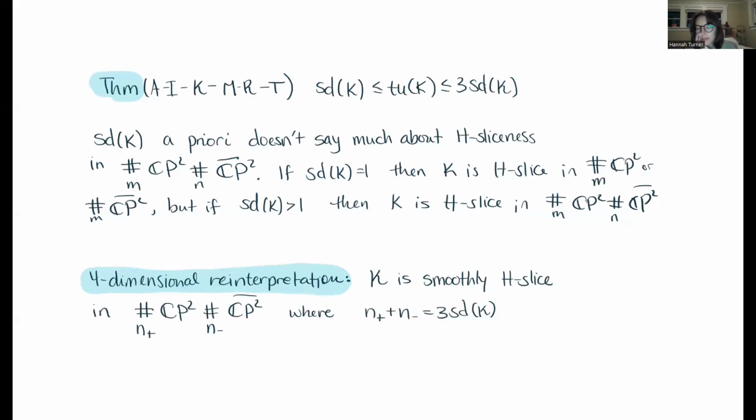But if the surgery description number is larger than 1, all you're really saying is that your knot is H-slice in some number of CP2s and CP2 bars, and you don't even have a bound on that number a priori. That's not really saying anything. Any knot is H-slice in a large enough connected sum of CP2s and CP2 bars. But what our theorem is saying is that since there's this relationship between the surgery description number and the untwisting number, the surgery description number does say a bit more. We do actually bound this number of CP2s and CP2 bars, and it's bounded by 3 times the surgery description number of our knot.